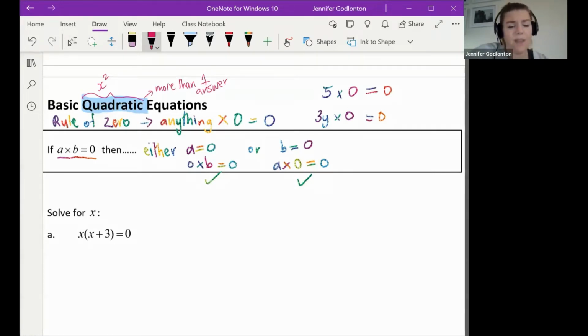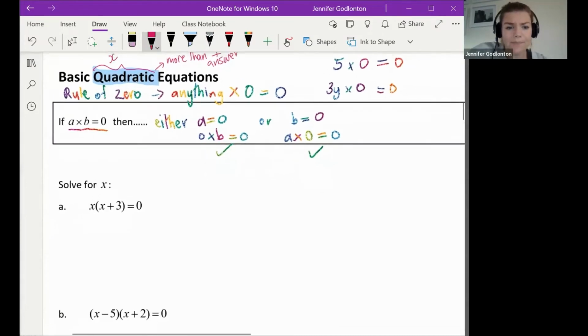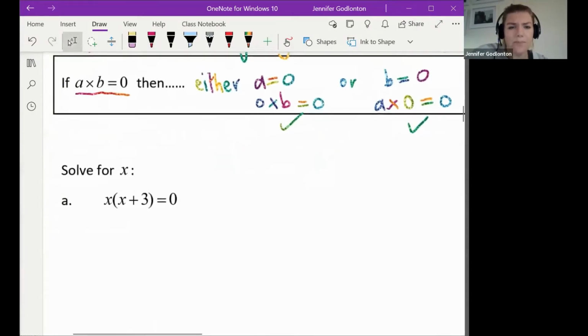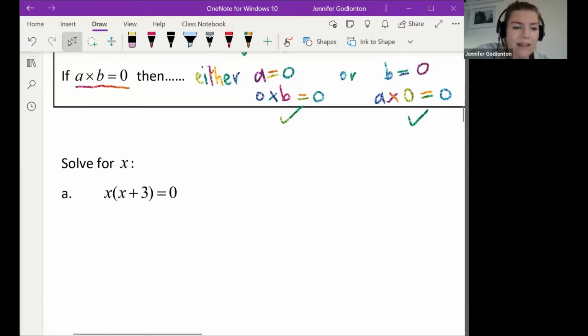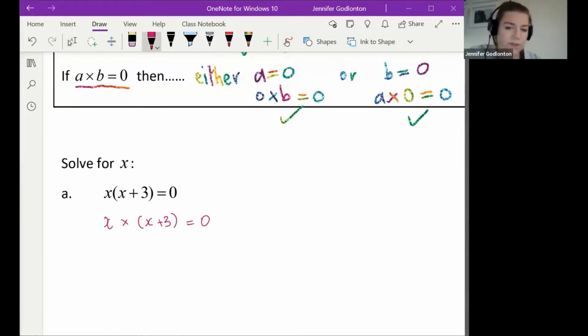If I had to write this in a slightly different way, do you agree that I could write that as x times (x plus 3) is equal to 0? All I'm doing is rewriting it with a times sign just to make it more visual so you can see it's multiplication.